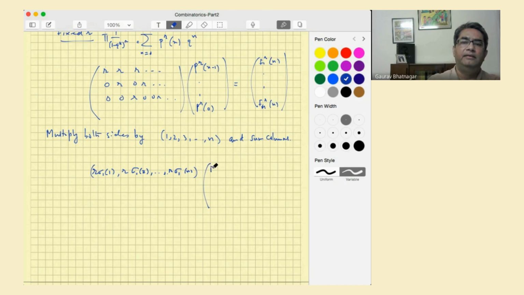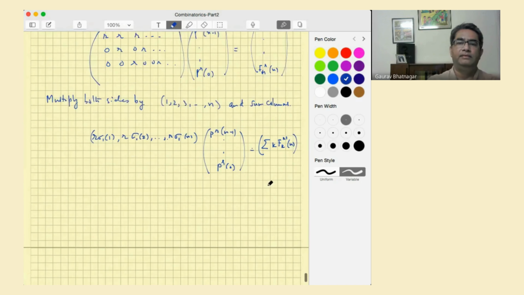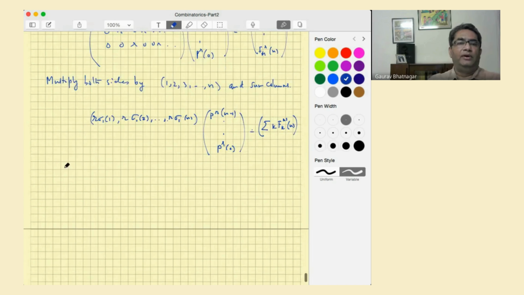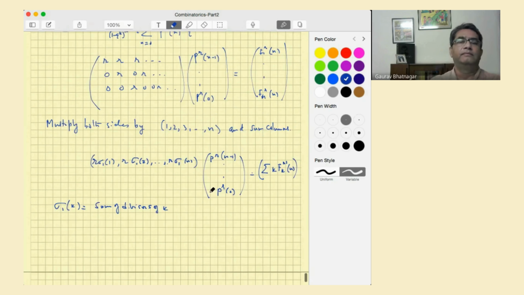Then I get PR n minus 1, PR 0, and here I get basically the summation of k f k r n. So what is sigma 1 of k? It's the sum of divisors of k, right?